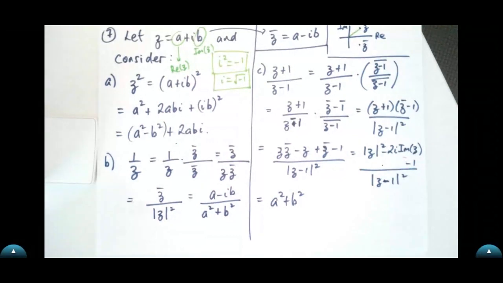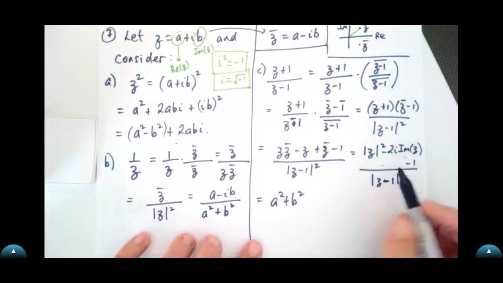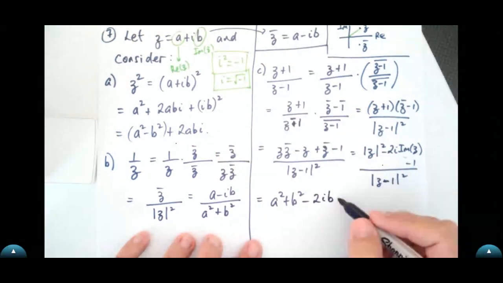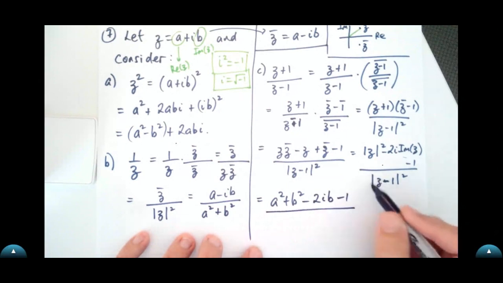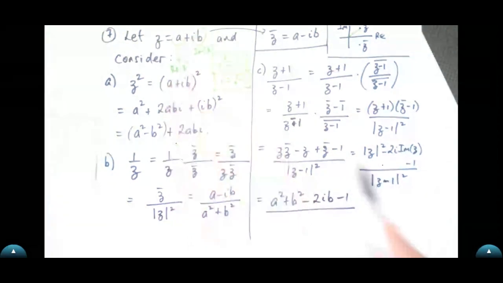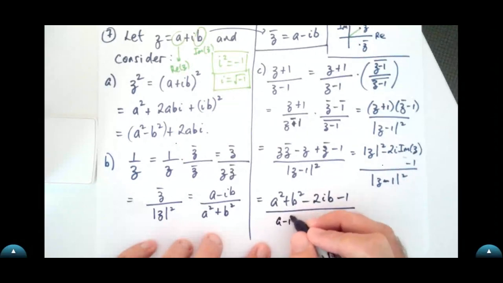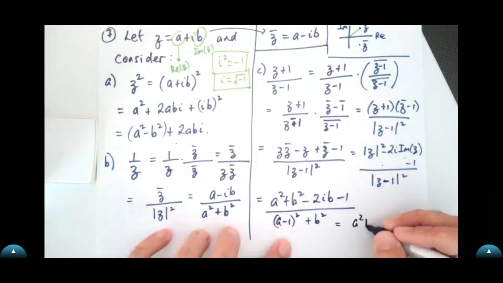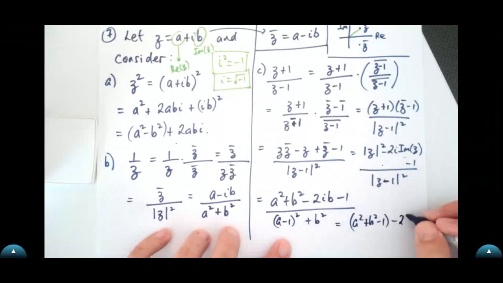Yeah. Thanks, Aishi. All right, so minus 2 times i times the imaginary part, which is B, minus 1, all over this. So it's going to be A minus 1 all squared plus B squared. And you can bring that over here if you really want to. That's the real part.